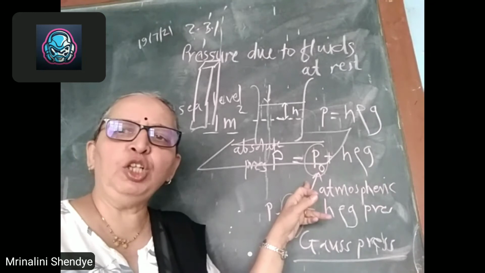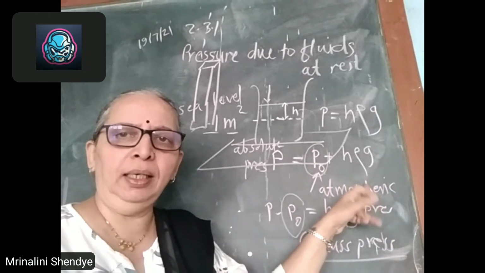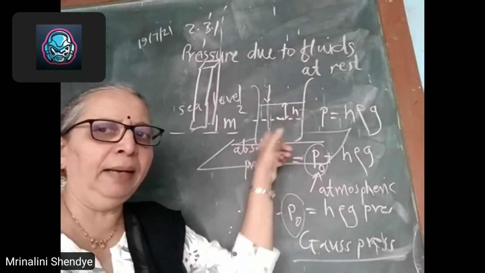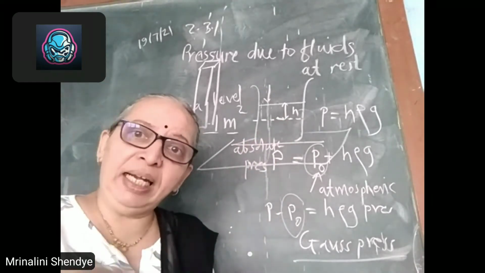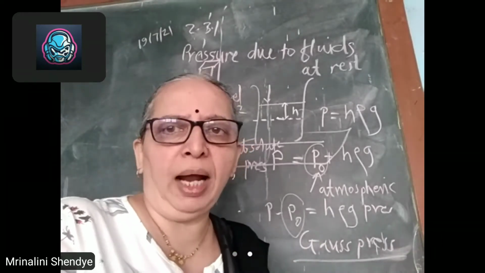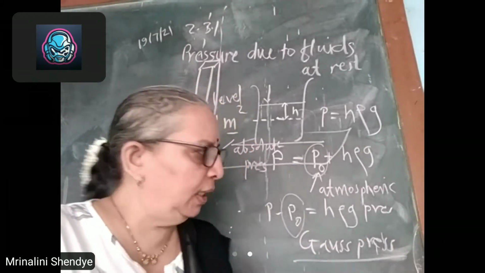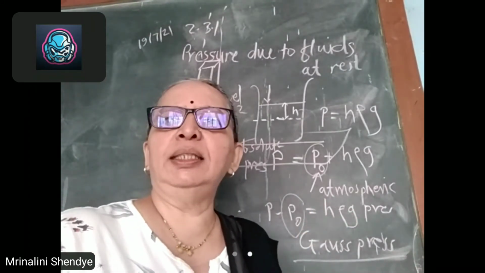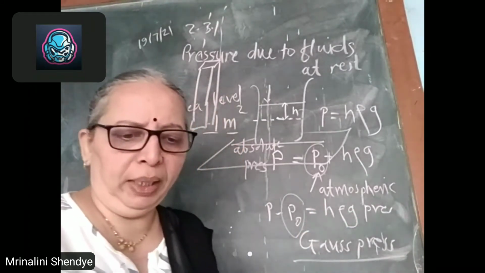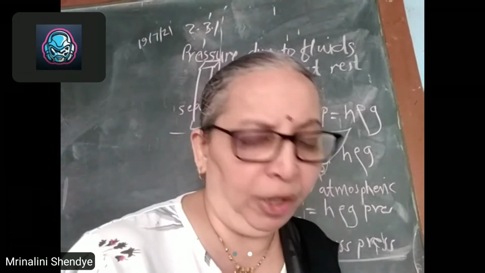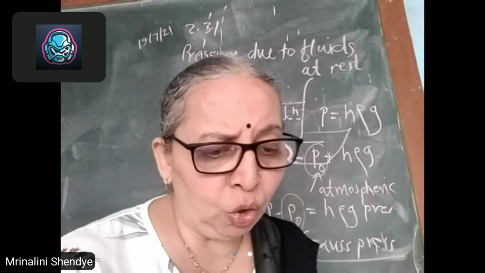So atmospheric plus gauge pressure gives you the net pressure experienced by that particle inside the fluid. The difference between absolute and atmospheric pressure is called gauge pressure. So this is the article to be discussed. So I have covered 2.3.2.